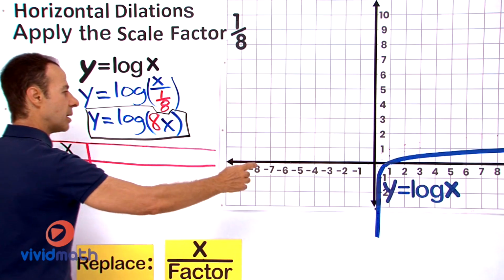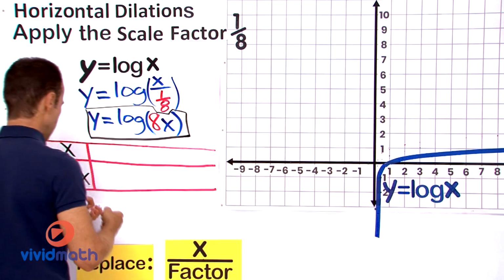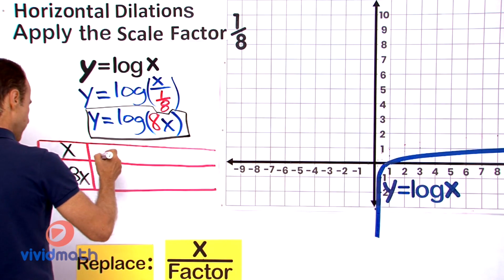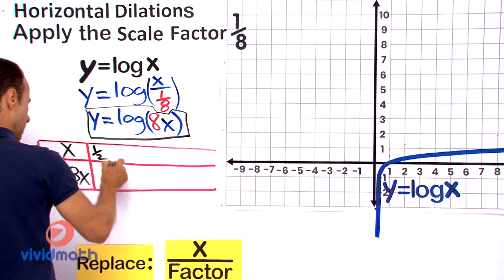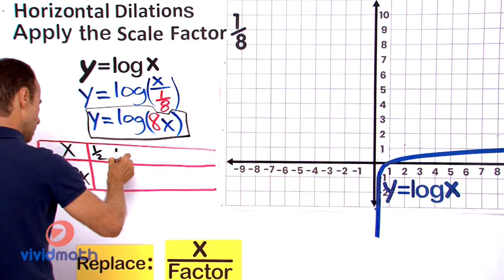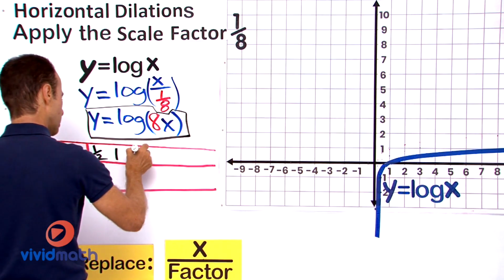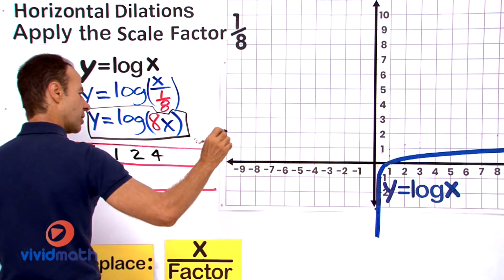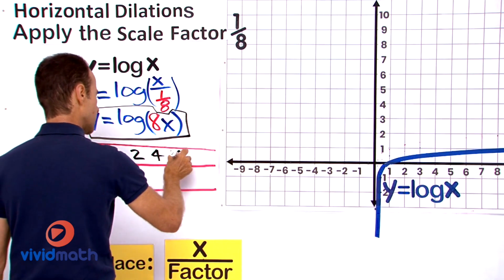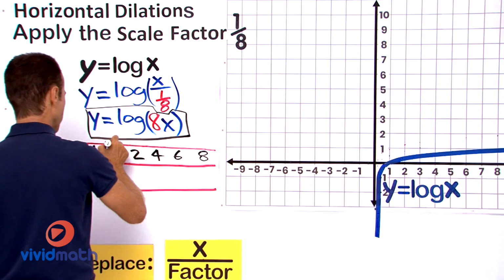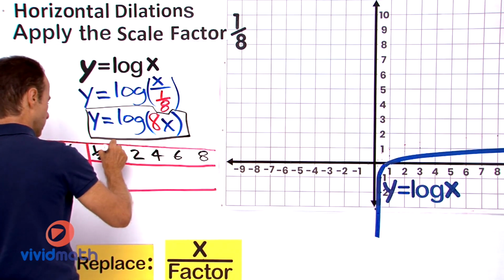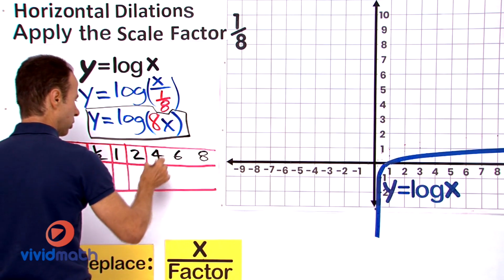Let's start at about 1/2, then we'll jump further to 1, we'll go 2, let's jump to 4, then we'll go maybe 6 and then maybe 8. Just a few points. And we'll plot those points now.